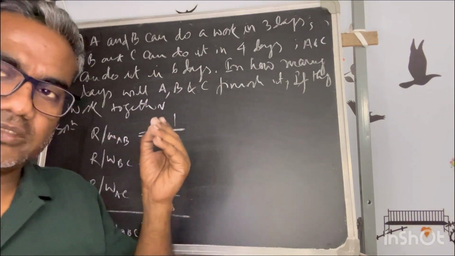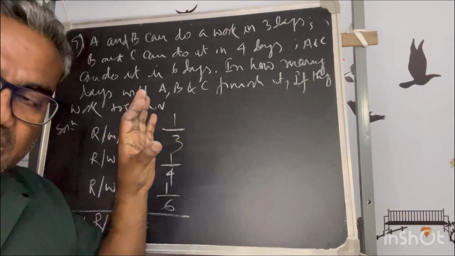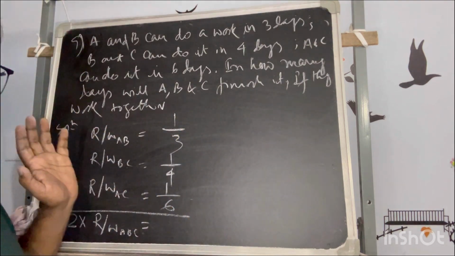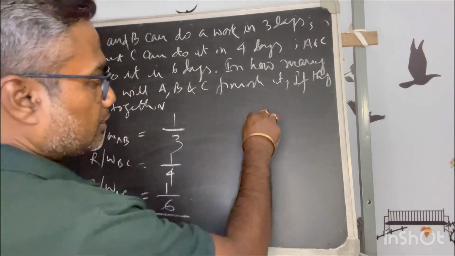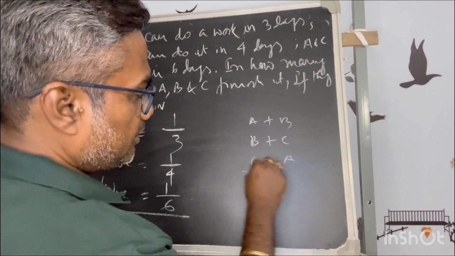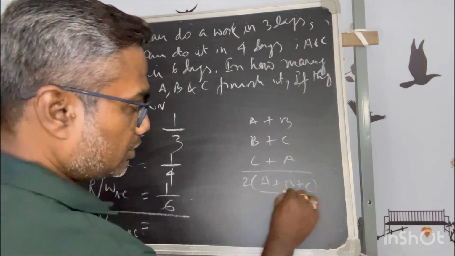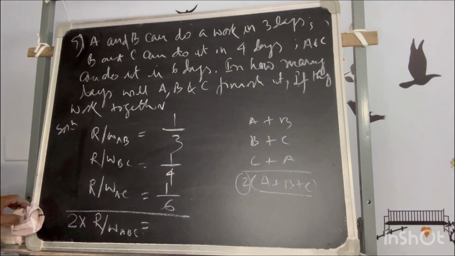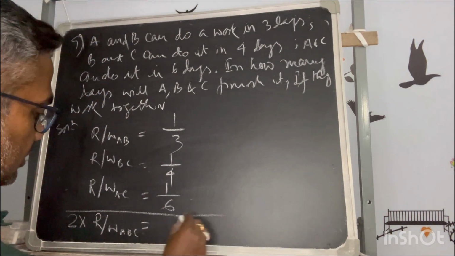If all three are clubbing together and doing the job, the rate of work is just twice the rate of work while they are working together. Definitely you can say so. Understood? This is A plus B. This is B plus C. This is C plus A. Add all this to get twice A plus B plus C. Isn't it? All three are doing together. This is twice. So I am writing the same thing. Understood?